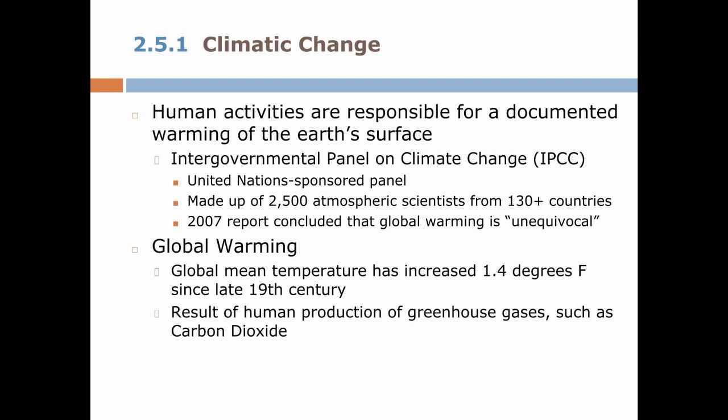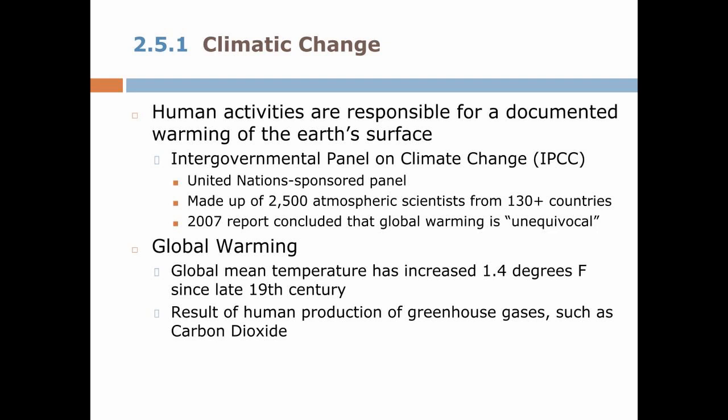Global mean temperature at the making of this slideshow has increased more than 1.4 degrees Fahrenheit since the late 19th century. That may seem like a small tip of the scale to you, a degree and a half change, maybe more than that, whatever. But, again, look at those climate and bio maps.